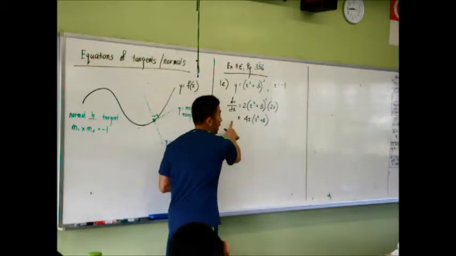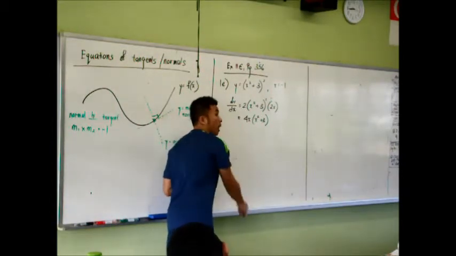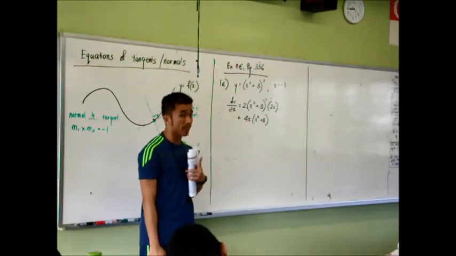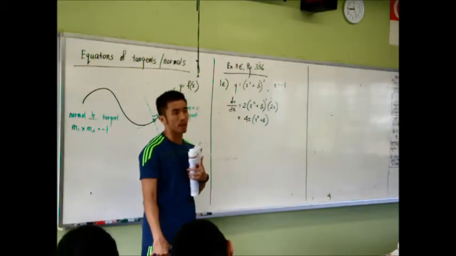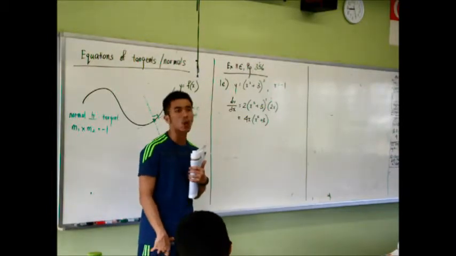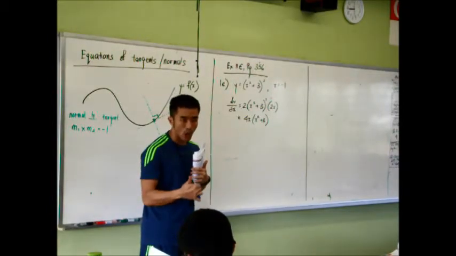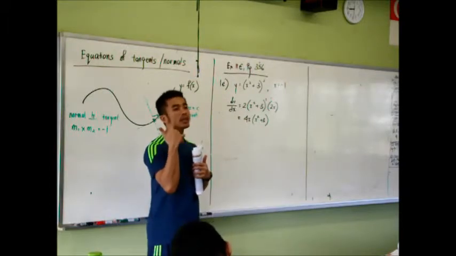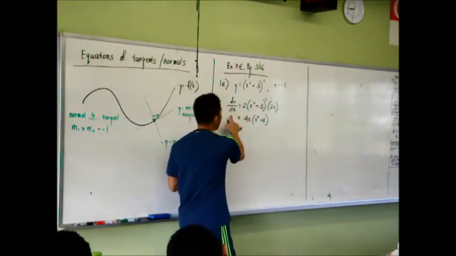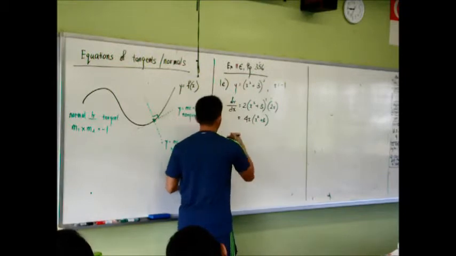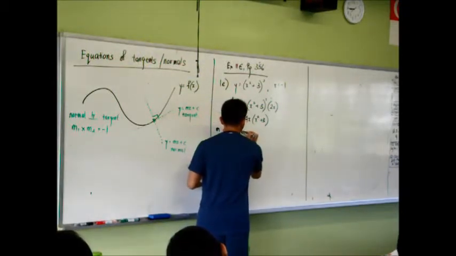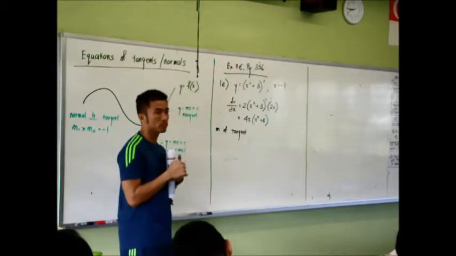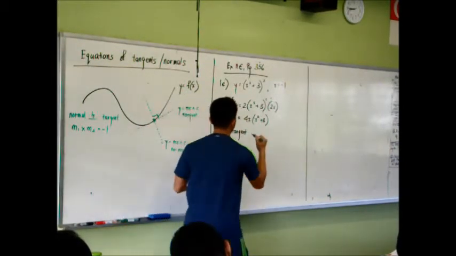This is the gradient function. We would like to be very precise. I do not just want you to write m, because this topic is very confusing. It could be the normal, it could be the gradient of the normal, it could be the gradient of the tangent itself. But remember, immediately after you differentiate, it will always be m of tangent, which is the gradient of the tangent.